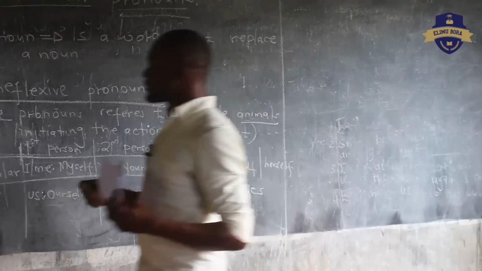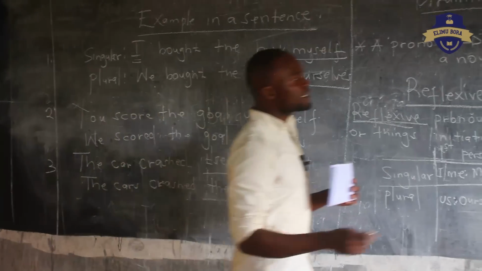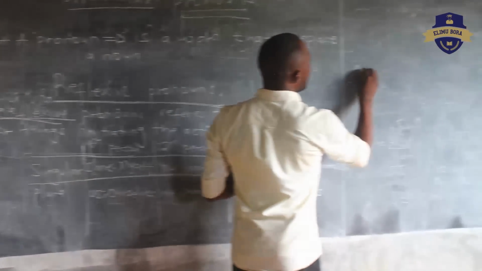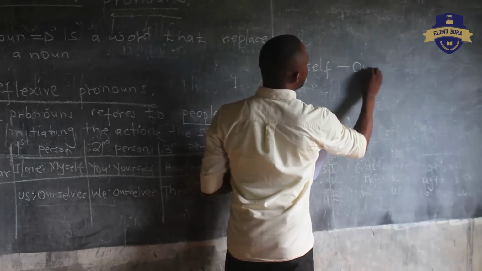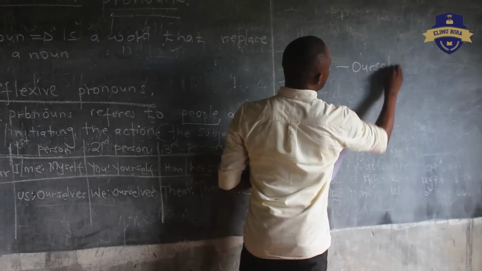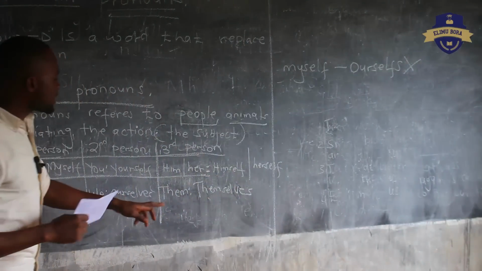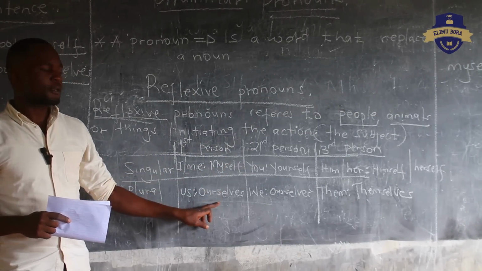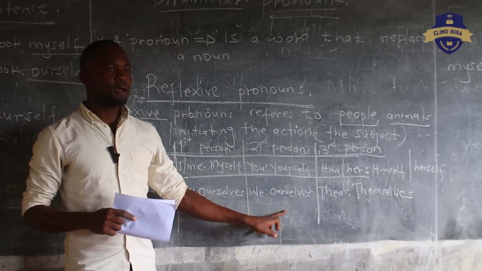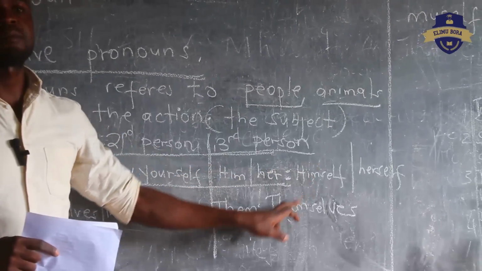Check on the spellings because you cannot say ourselves wrongly. Some of us say myself, then they say ourselves. This one is very wrong. Check our spellings. Myself, boys and girls, myself, yourself, then himself or herself, themselves.